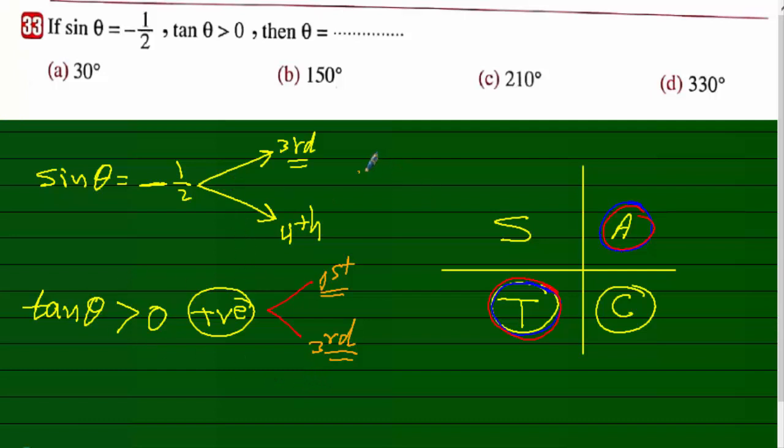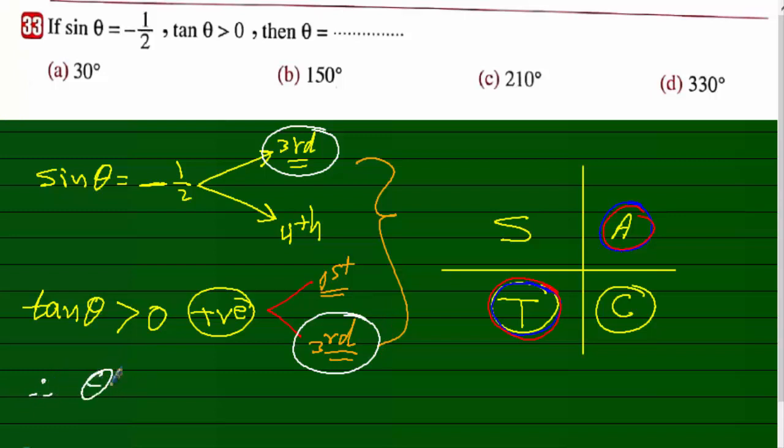So from this we can deduce that theta lies on the third quadrant. So we write theta, its terminal side belongs to the third quadrant.